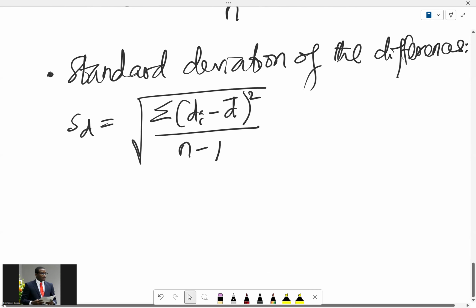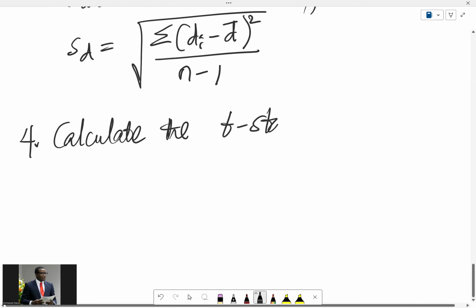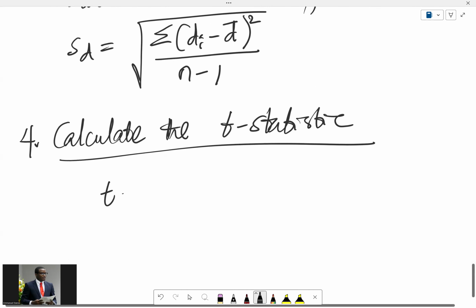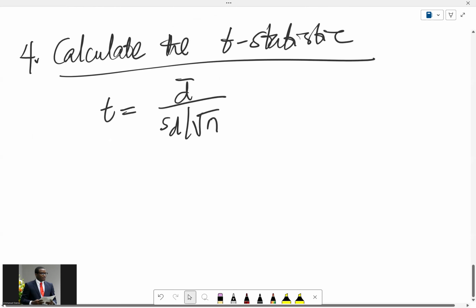Because for a t-test, normally you're talking about a sample size less than 30, that's n less than 30. Okay. Then we go for step 4, which is to calculate the t-statistic. In this case, t equals d bar divided by S_d divided by the square root of n, like that.